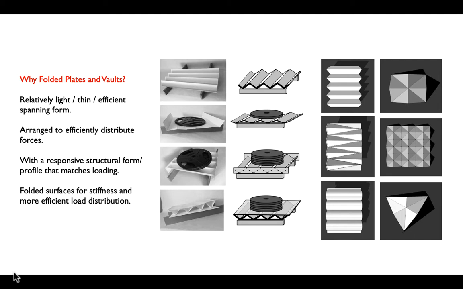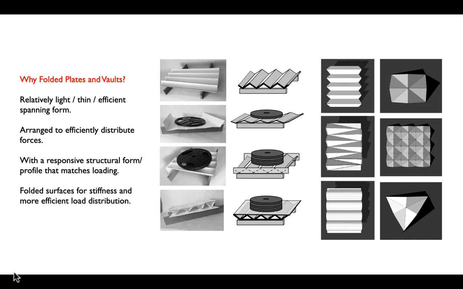And that might be responsive to programmatic issues. We may have some areas that want more height or less, maybe responsive to things like mechanical systems, or it could even be responsive to, say, solar conditions, where maybe we're looking to bring in north light, and we can design the folds so that there are openings that bring in the right kind of daylight.